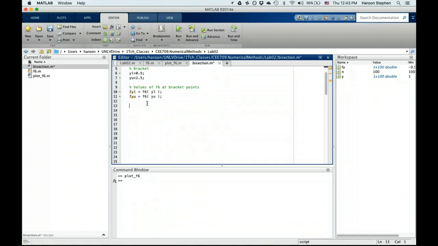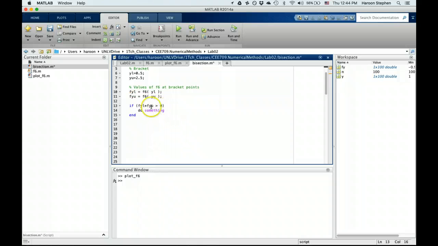For that, we learn a new command called the if command, if end. So if there is a condition here, and if that condition is satisfied, do something. That's a general definition of an if command. In our case, the condition is that if fyl multiplied by fyu is greater than 0.